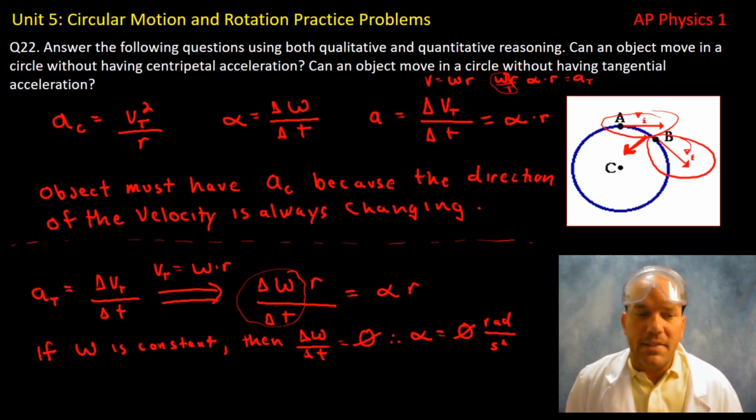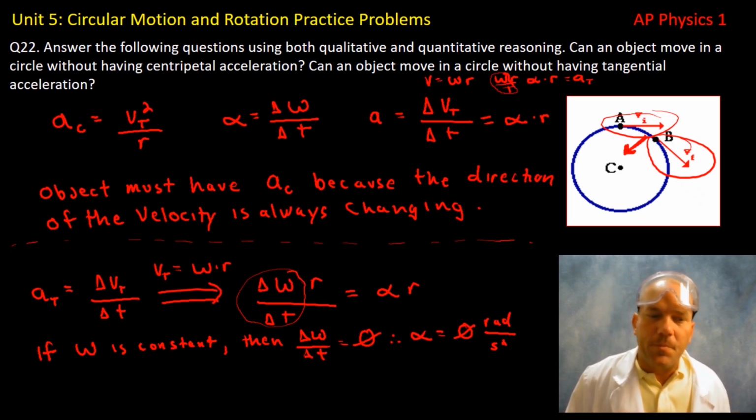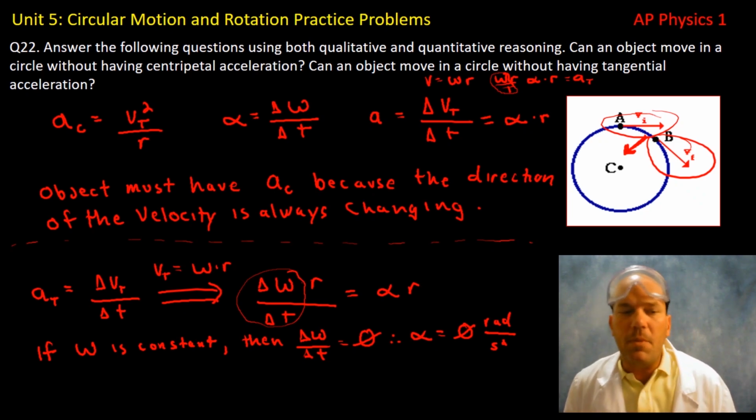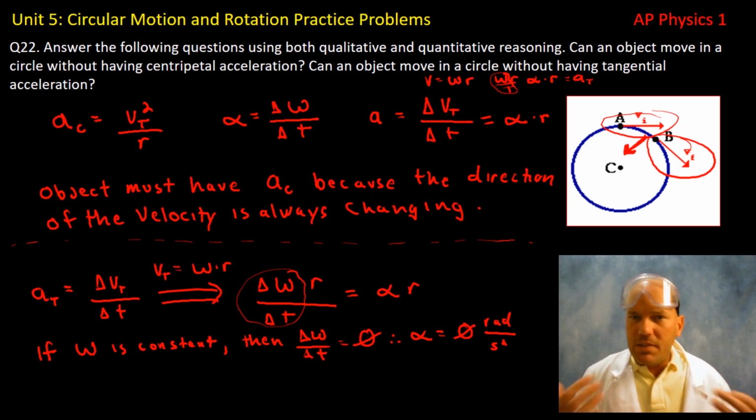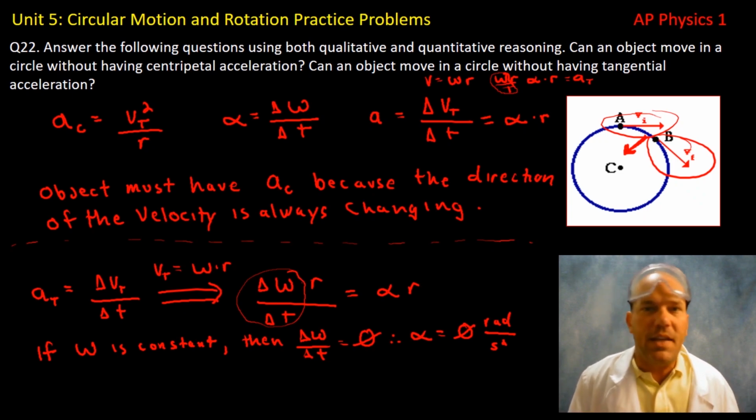So yes, it is very possible in this case for an object to be in circular motion and not be accelerating tangentially. That object is simply moving at a constant angular velocity.